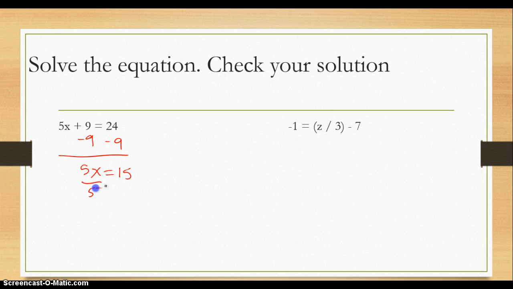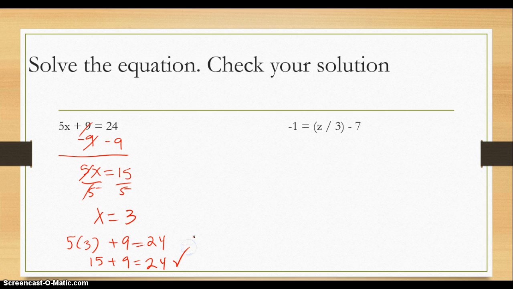Divide by 5, because we're doing the opposite operation, because it's 5 times x. So these cancel, and we get x equals 3. So plug it back in: 5 times 3 plus 9 equals 24. To check our work, 5 times 3 is 15, plus 9 does equal 24. So this checks out.